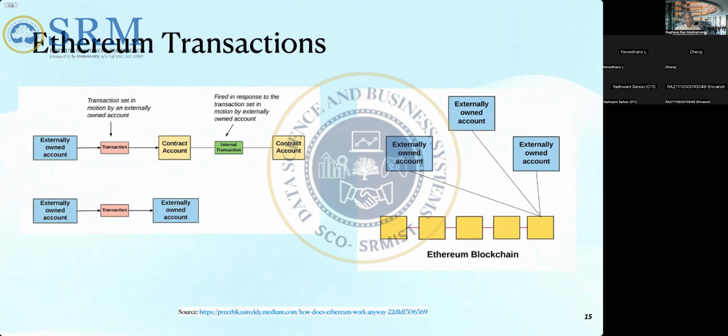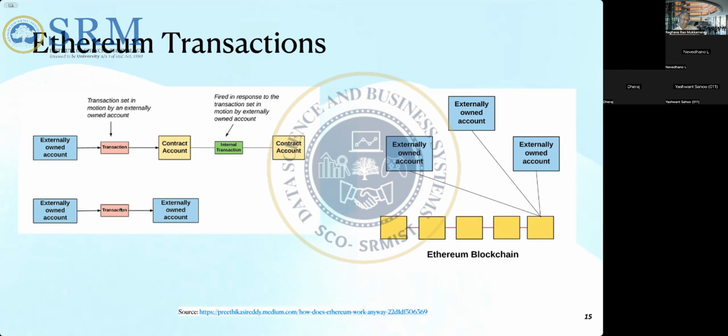Now, how do these two accounts differ? On one hand, you have the externally owned accounts. Let's look into this one. Let's say I have my account, and I need to transfer one Ether to one of my friends. I will transfer the Ether from my account to my friend's account using a transaction, right?